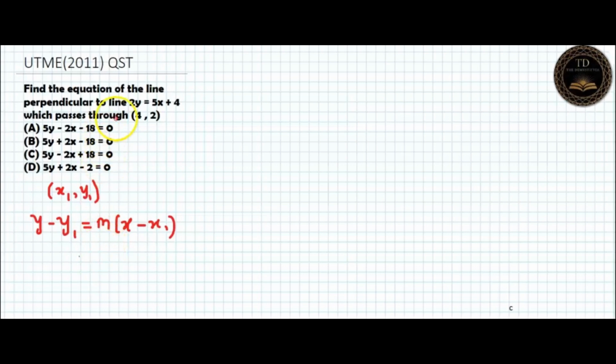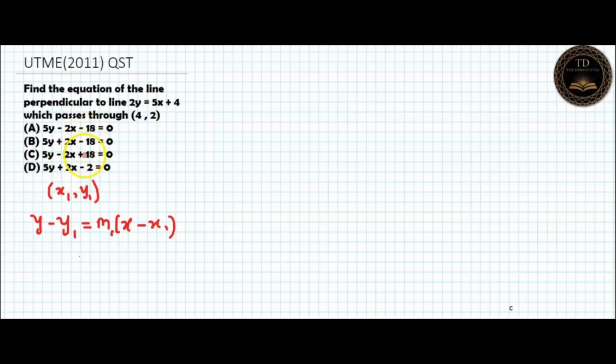Now for this problem, let's call the gradient of the line that we are going to be using to get our equation m1. Mind you, the equation we're required to find is just going to be this, but we just need to get the values of x1, y1, and m1, and then rearrange the equation to look like what we have in the options here.